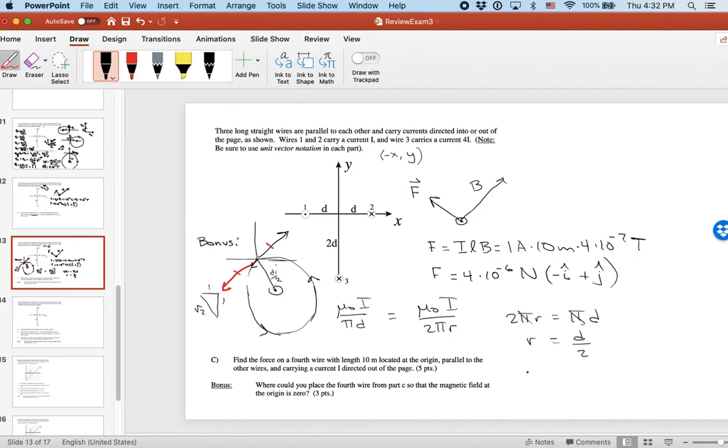So my x is going to be d over 2 divided by the square root of 2, and y is going to be the same. So the location is going to be d over 2 radical 2 in the negative i direction plus d over 2 radical 2 in the j hat direction.